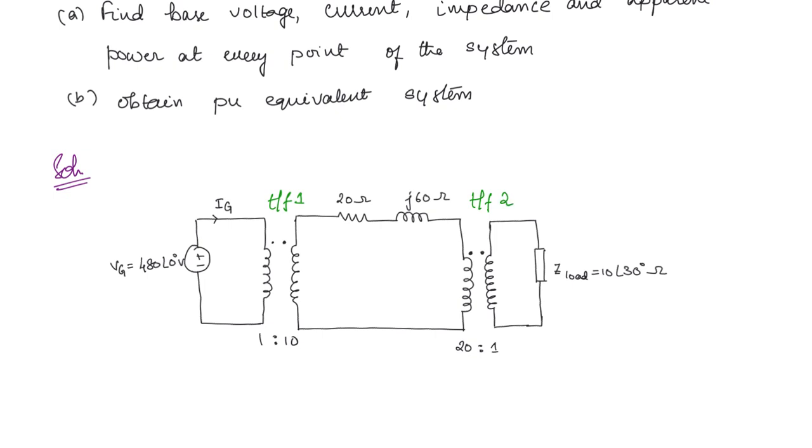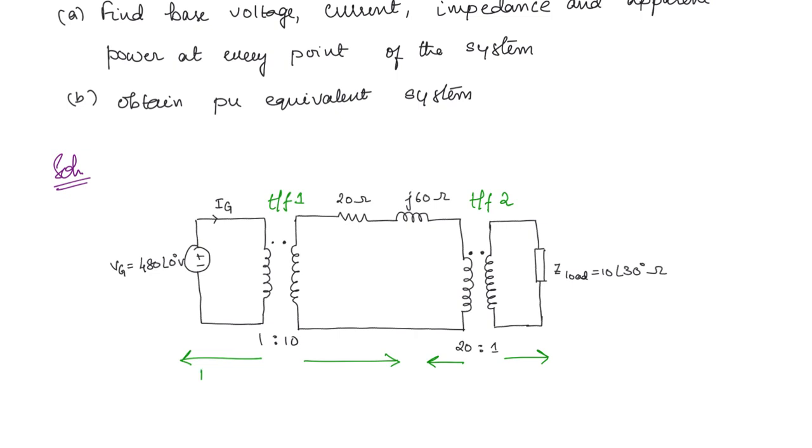Now here we have the primary of transformer 1. So to the left of this we will have the same base values. To the right of this we are going to have different base values. And similarly for this transformer, to the left of the primary you have one region, to the right of the transformer you have the other region where the base values are going to be different.